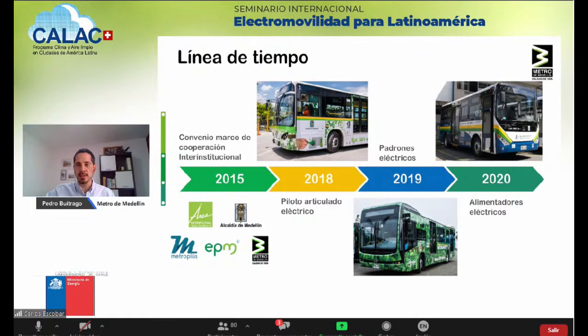After close coordination and after setting up interesting working tables with the entities, we decided to implement a pilot project with an electric articulated bus, and they provided funds, resources. The work done by this technical team was about analyzing the market, analyzing the suppliers, defining the technical characteristics and specifications that the bus should meet.